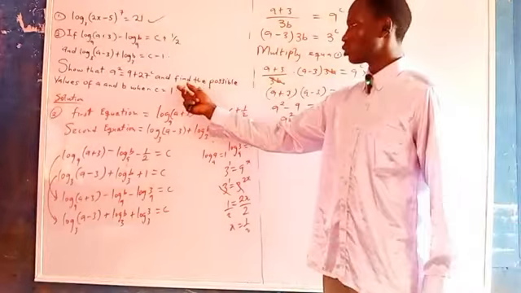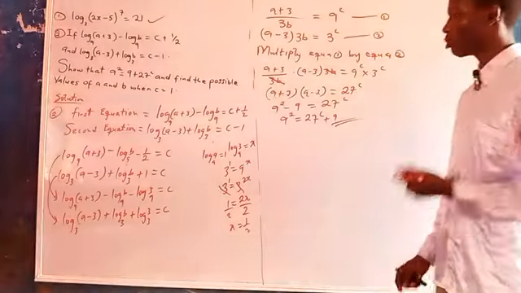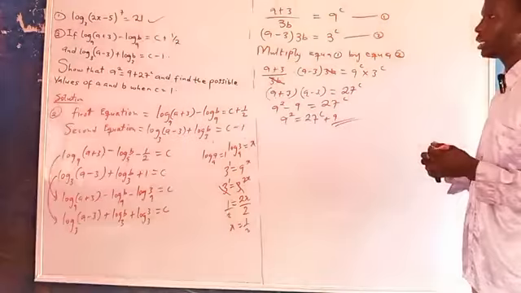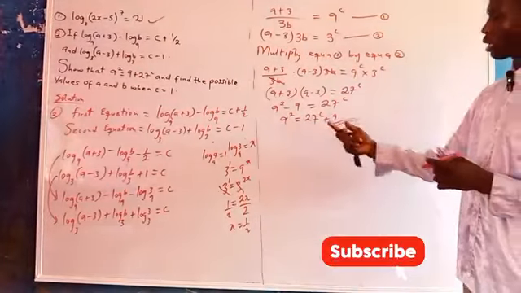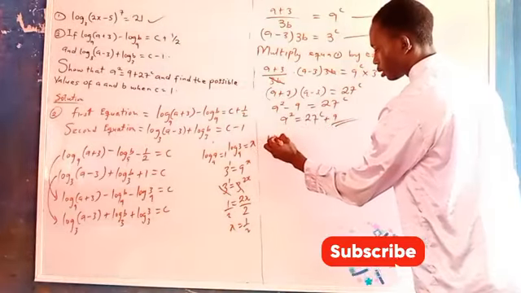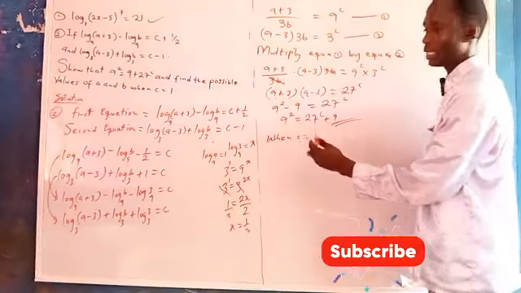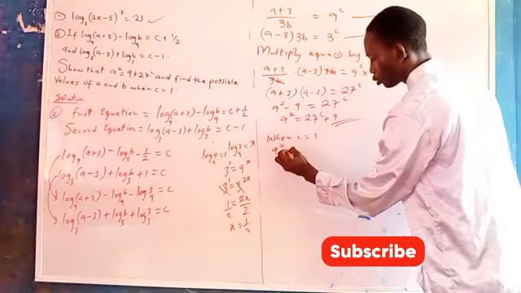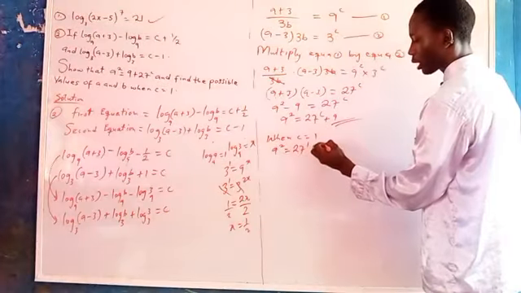Now, the next thing is to find the possible values of a and b when c equals 1. What will be the possible values of a and b when c equals 1? Now, let's come back here. Our a to the power of 2 equals this. When c equals 1, we can quickly find our a. a to the power of 2 equals 27 to the power of 1, since c is 1, plus 9.